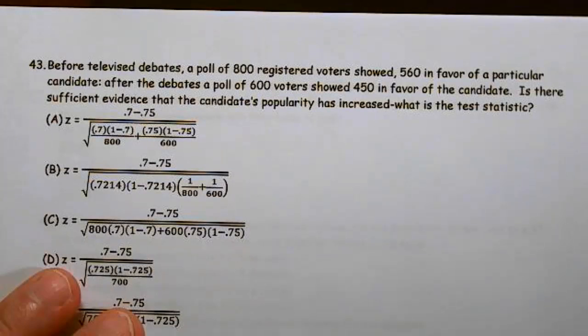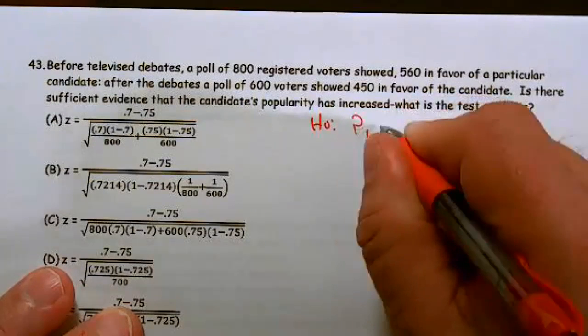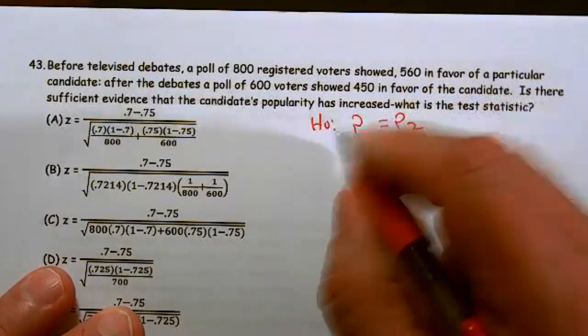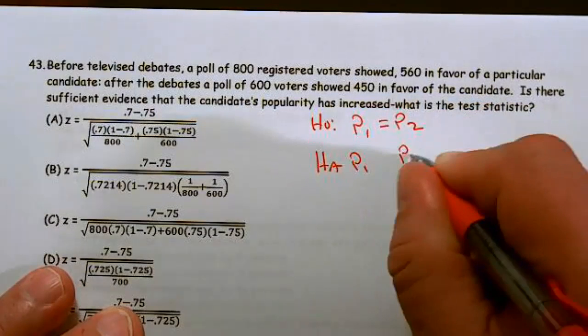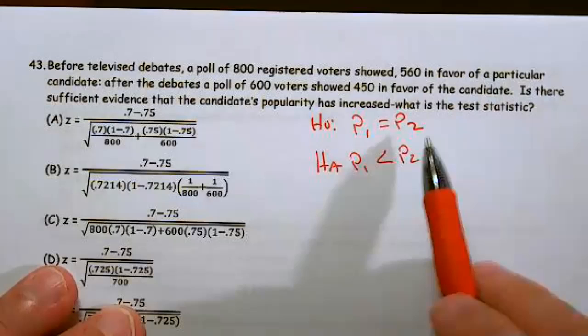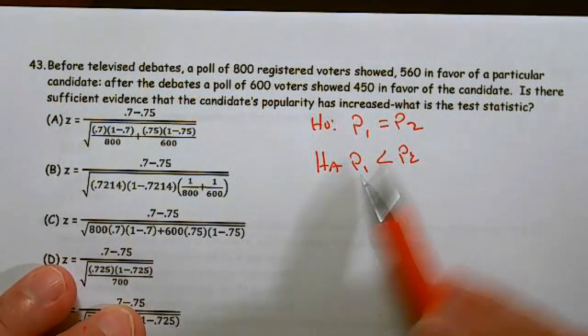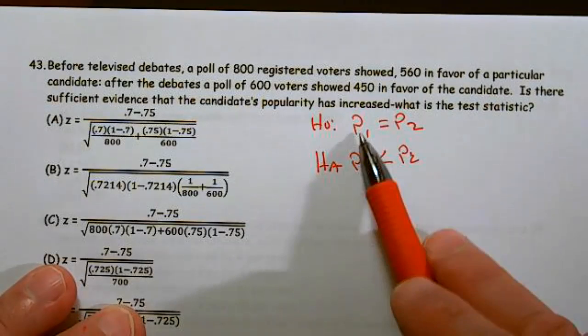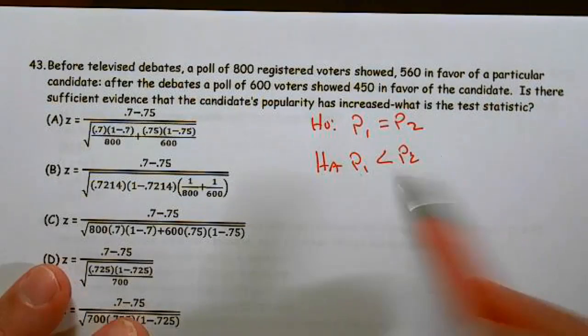So we have basically this. H0: p1 equals p2. Ha: the popularity of the second poll is greater than the first poll. P1 is my first poll, p2 is my second poll.